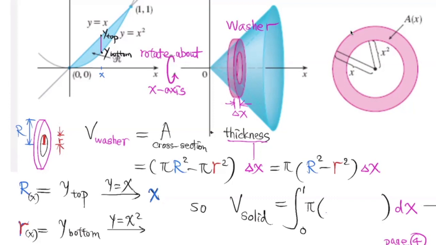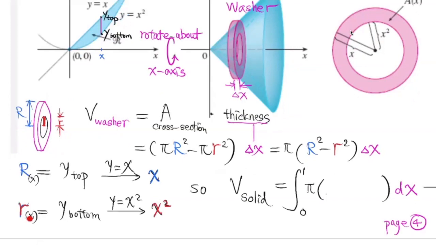What about this small r, this inner radius? That corresponds to the y coordinate of this point on the curve y equals x squared. So y equals x squared here, so the small r corresponds to x squared.